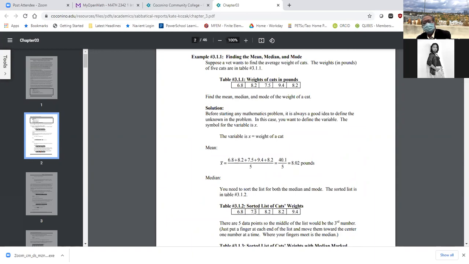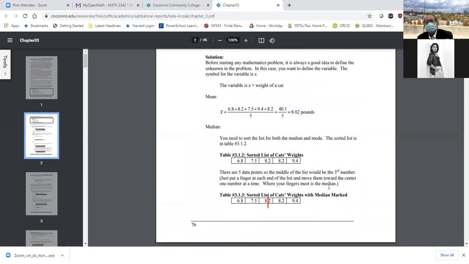The next one will be 8.2, and 8.2 also, because we have 8.2 here, and then we have 9.4, the maximum value. To find the median, you just need to find the number in the middle, which is 8.2. So the median will be 8.2.